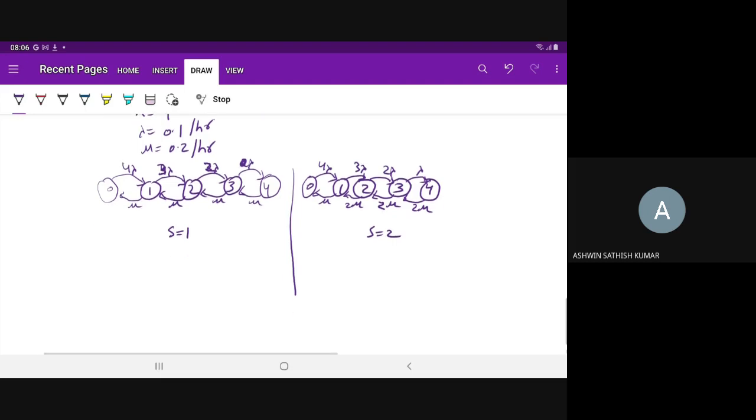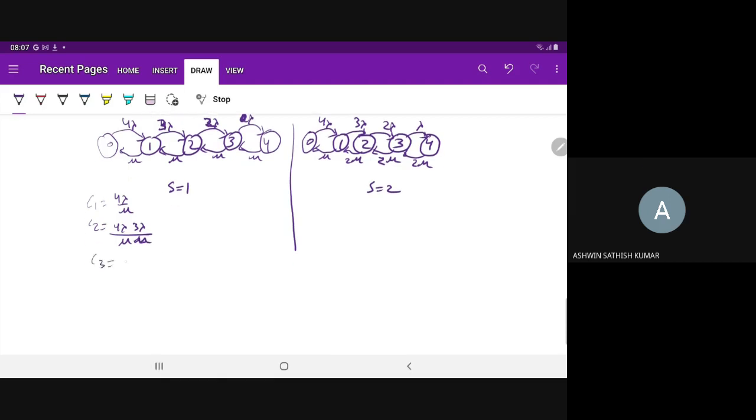So from here, C1 will be 4 lambda upon mu, C2 will be 4 lambda 3 lambda upon mu, C3 will be 4 lambda 3 lambda 2 lambda upon mu, and C4 will be 4 lambda 3 lambda 2 lambda lambda upon mu, mu, mu, and mu.